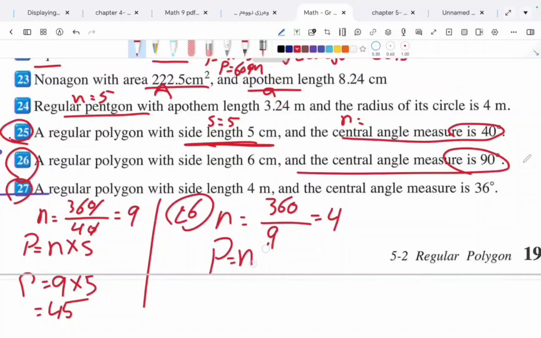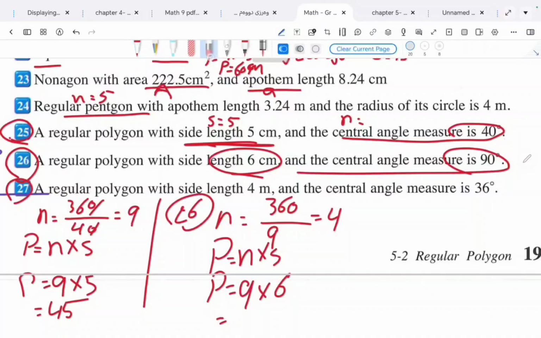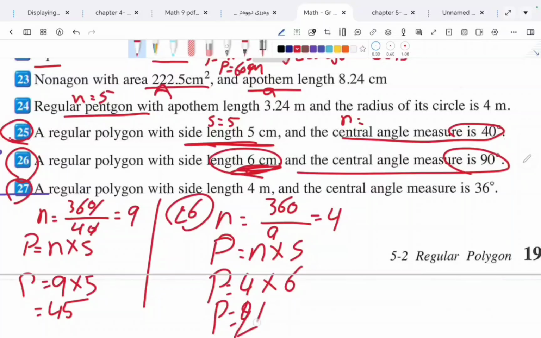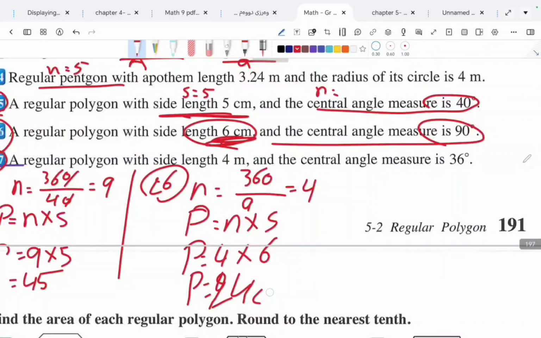Then perimeter equals n times s. n is 4, s equals 6. 4 times 6 equals 24 centimeters.